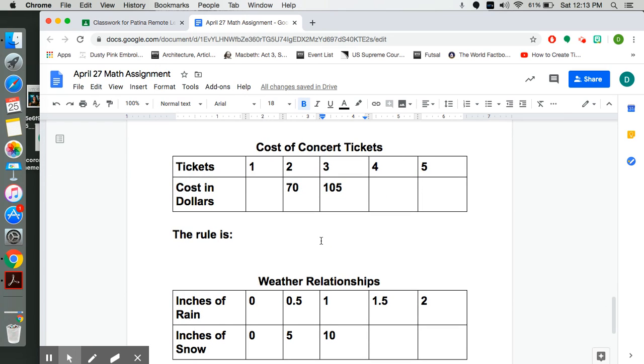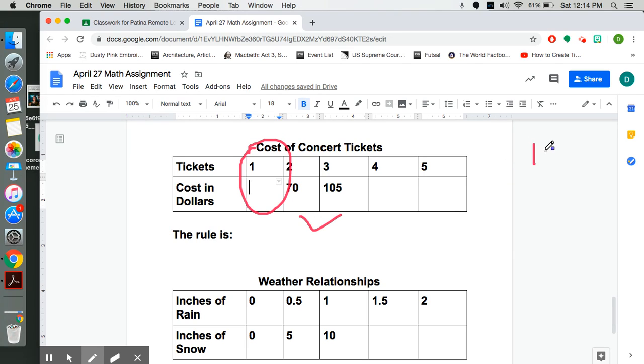This one's a little bit trickier because it does not give you what number 1 is. So the only thing that I have is that to get from 2 to 3, from here to there, I have to figure out the difference between those numbers.